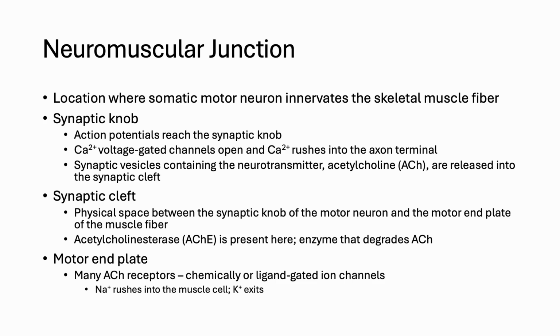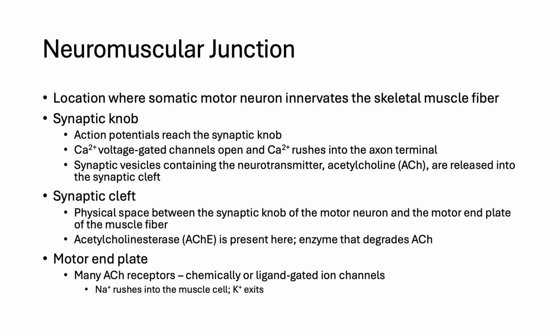This is the end where the action potential will finally reach the end of the axon. When that action potential travels to that region, it's going to open voltage-gated calcium channels. Calcium then comes in down its concentration gradient into the synaptic bulb of the axon.